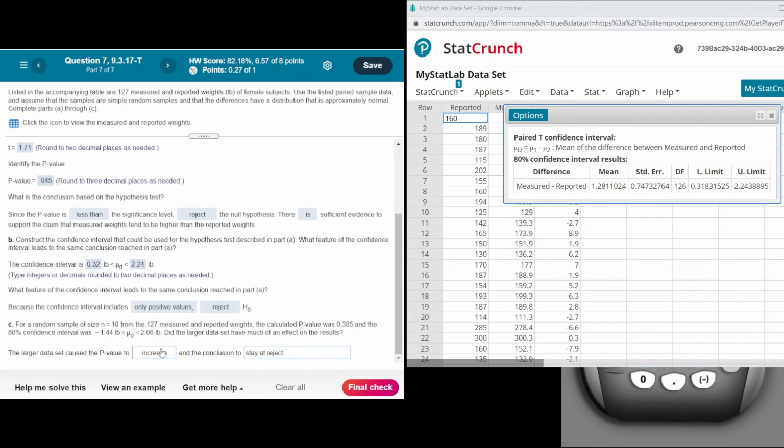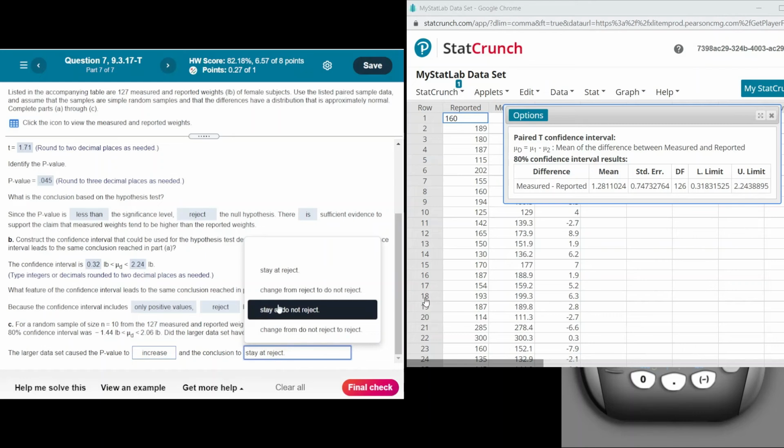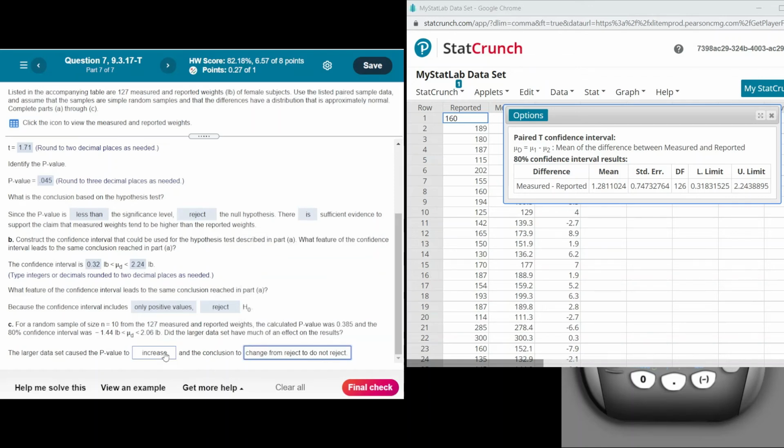What the hell? Can't be decreased. Wait, p-value to stay constant? 0.0. What? No. Nah, no way. Yeah, we're going to get this wrong, guys.